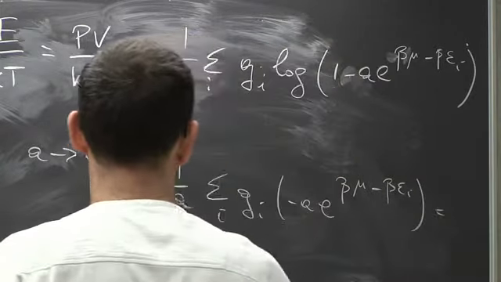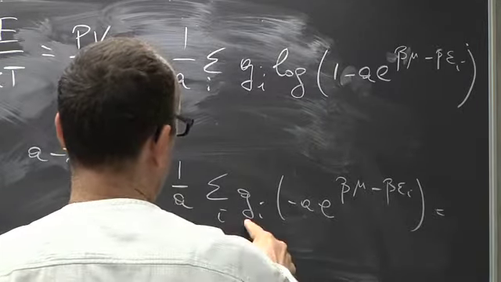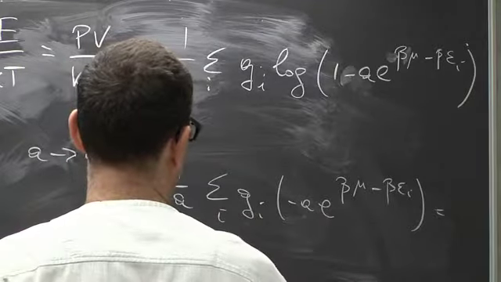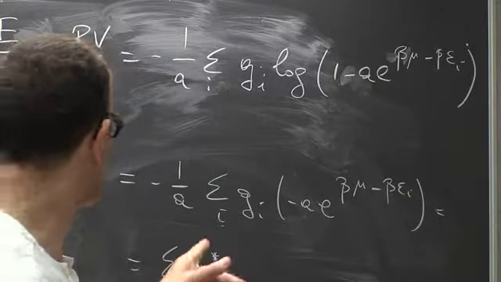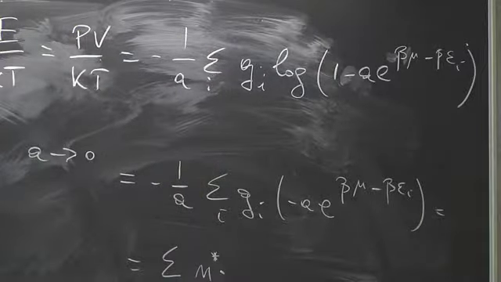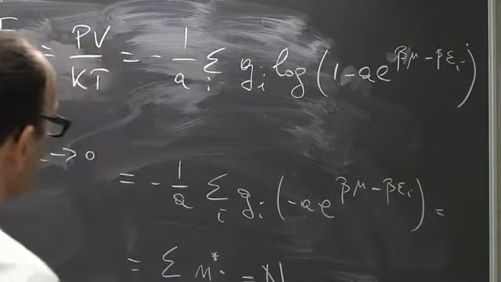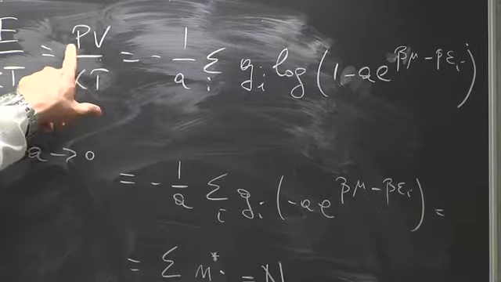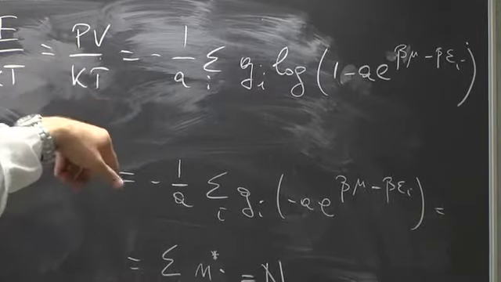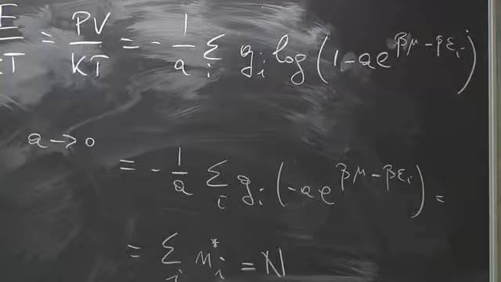And you see that this is just the sum over i, and then this is precisely the number of particles when a is equal to 0. And so this is exactly equal to N. So in the case a equal to 0, which is the classical limit, you recover again the ideal gas law, PV is equal to NkT. Okay, so this is consistent.